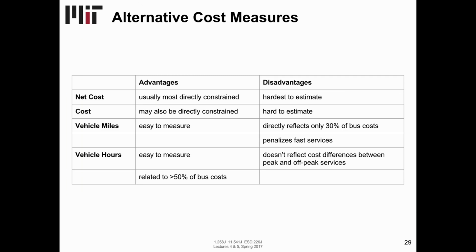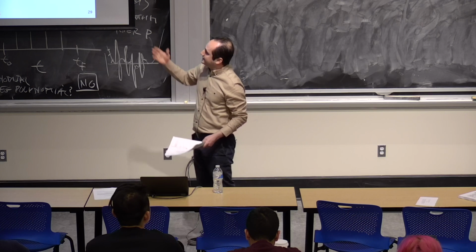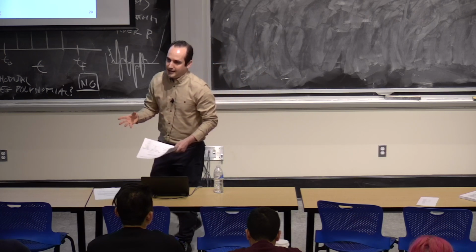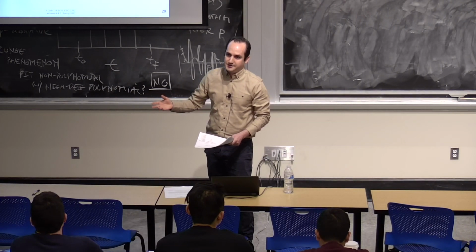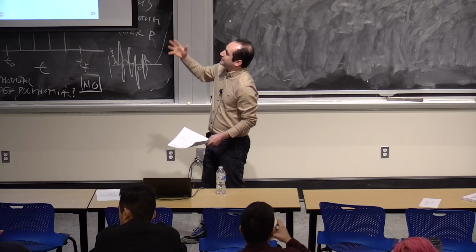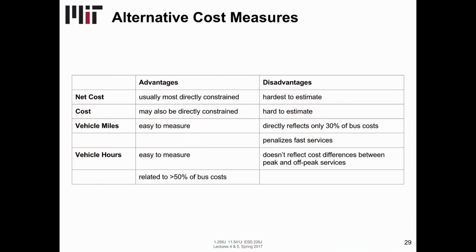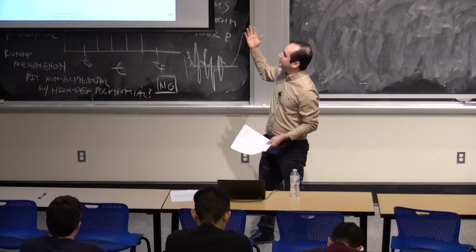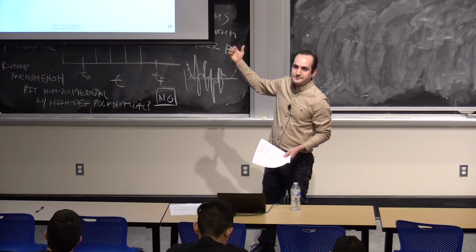And it's usually most directly constrained, because that's exactly the amount of money that you need to secure for the service. The budget goes directly to the net cost. That's the advantage. However, the disadvantage is that it's hardest to estimate. Any comments about why it could be hardest to estimate as compared to cost?